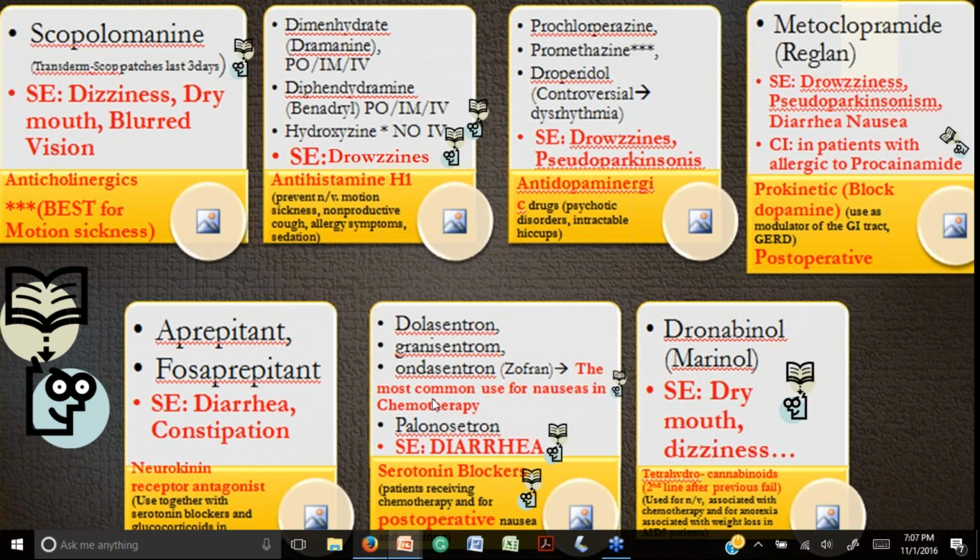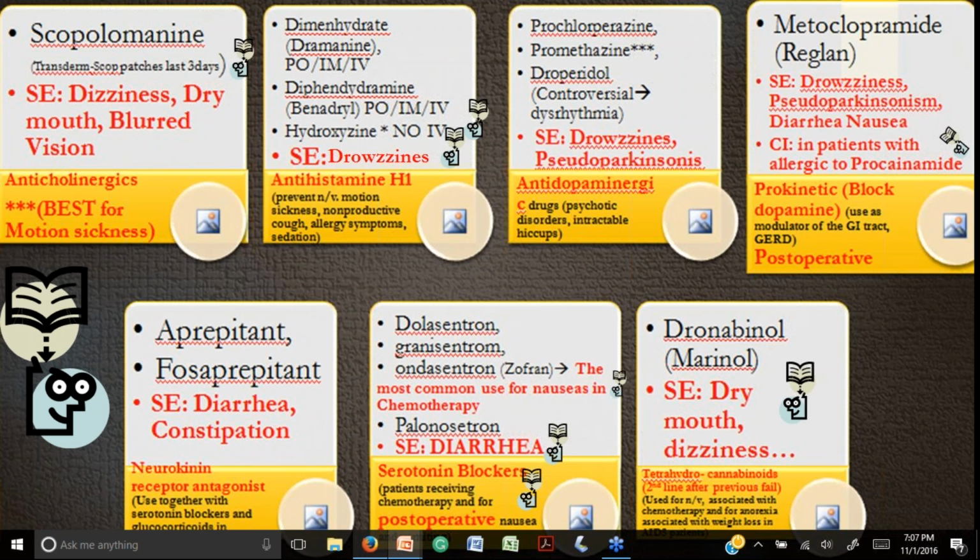Patients who are receiving chemotherapy need to be pre-medicated. With what? With ondansetron. How early? About half an hour before. It can also be used in the post-operative period, so that is very important.